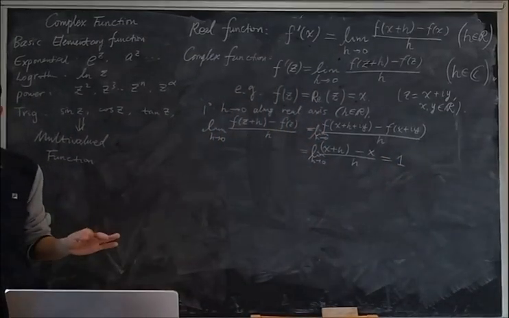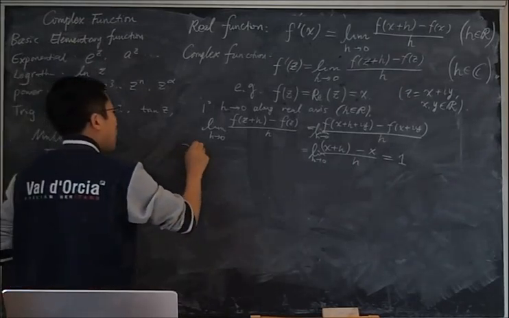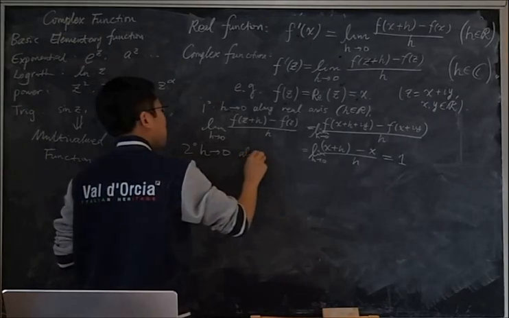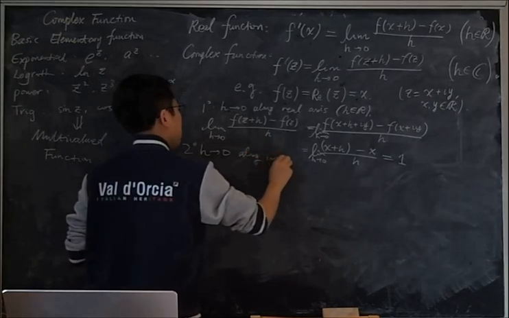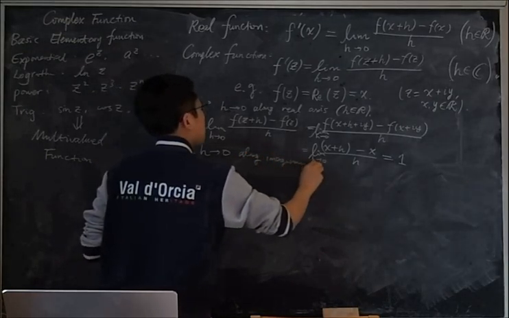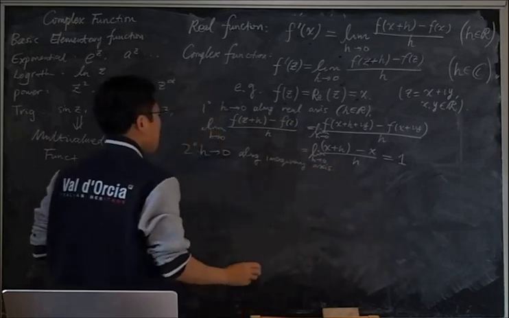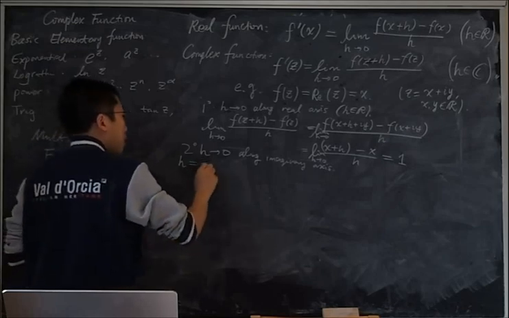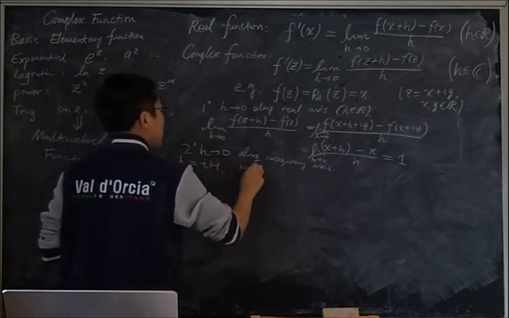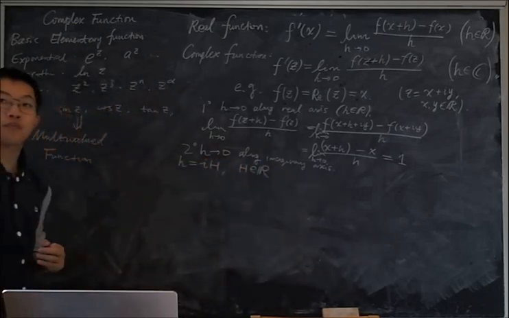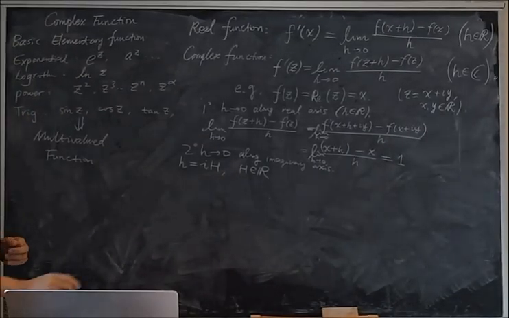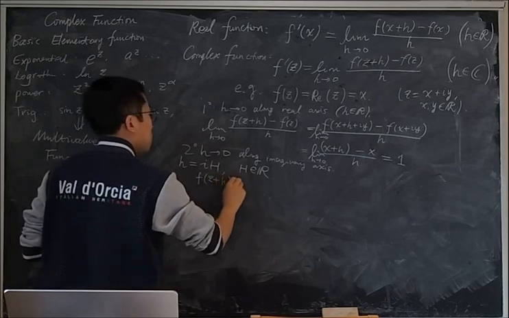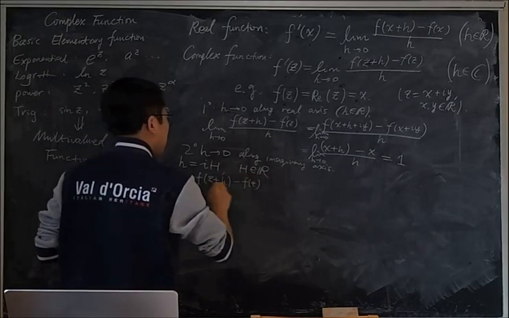Now I consider another approach. I let h approach 0 along the imaginary axis. In this way, I define h equals to i times big H, where this big H is a real number. In this case, I still take this limit, f(z plus h) minus f(z) divided by h.